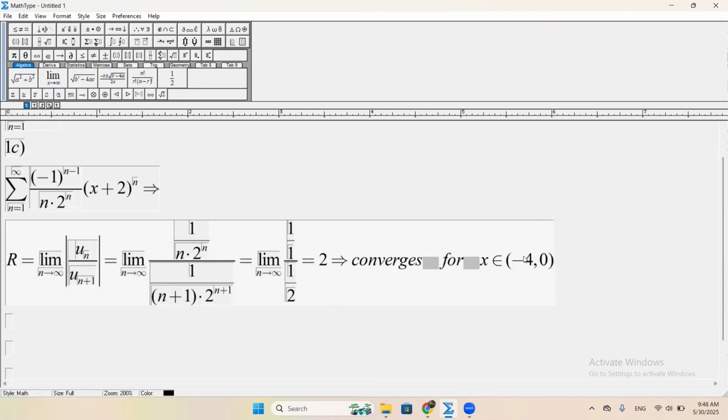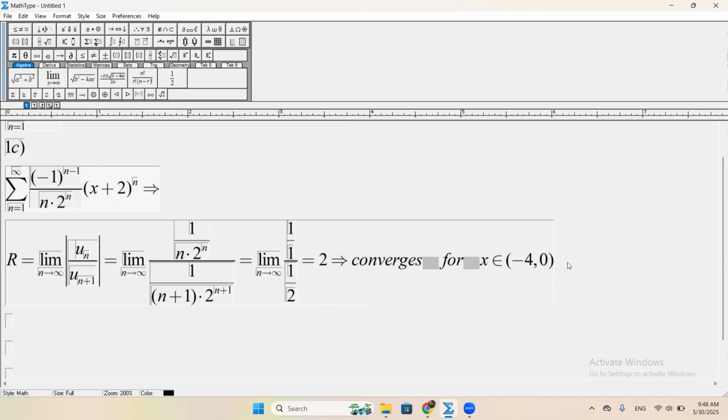Why do we have such a non-symmetric region of convergence? Because we have a shift. So x minus minus 2. So we have to add this shift to both edges of the interval, and we receive -4, 0.